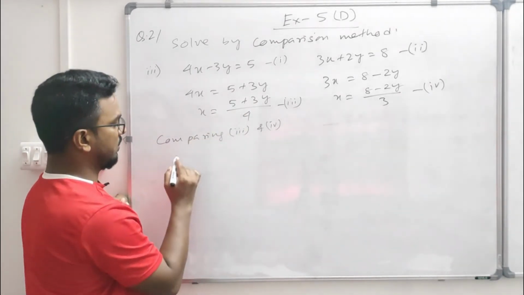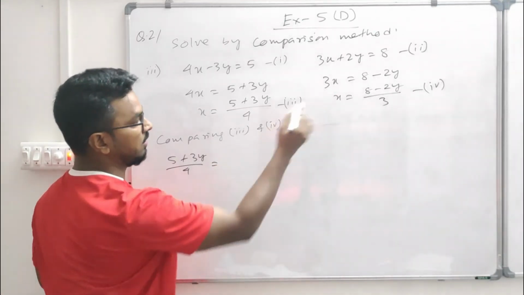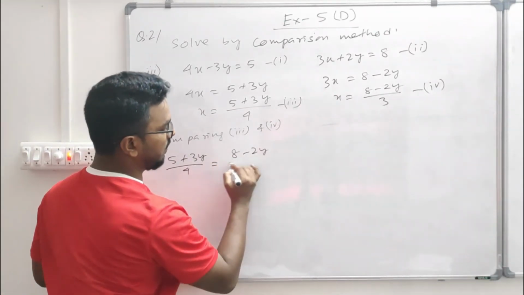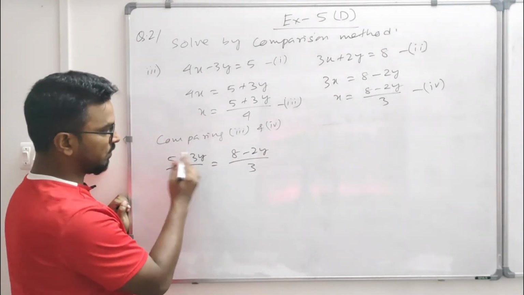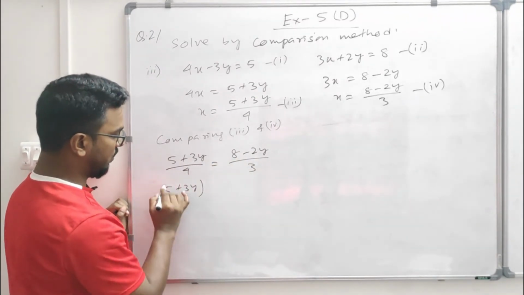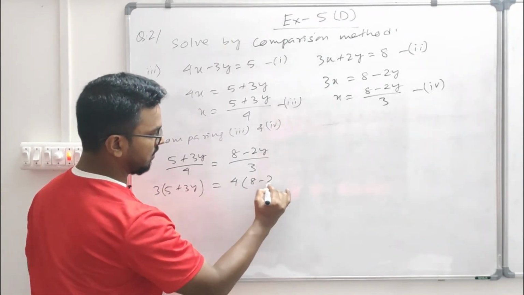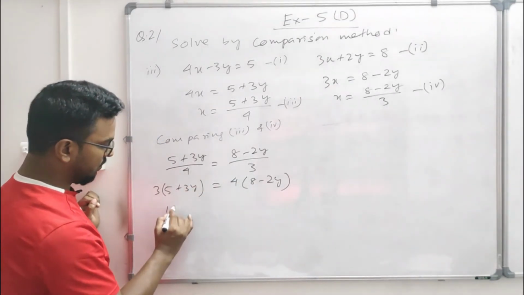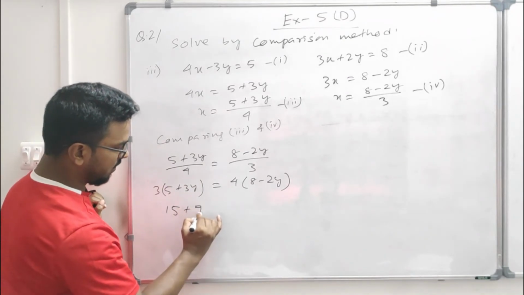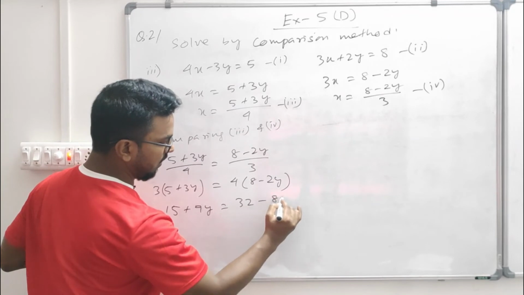What is the value here? (5 plus 3y) by 4 and here (8 minus 2y) by 3. Just cross multiply. So it will become 5 plus 3y, you have to multiply by 3, and here you have to multiply by 8. If you multiply, it will become 15 plus 9y and here 32 minus 8y.